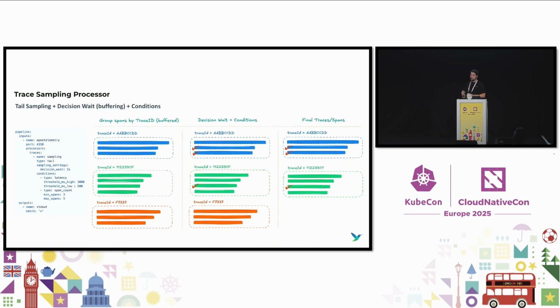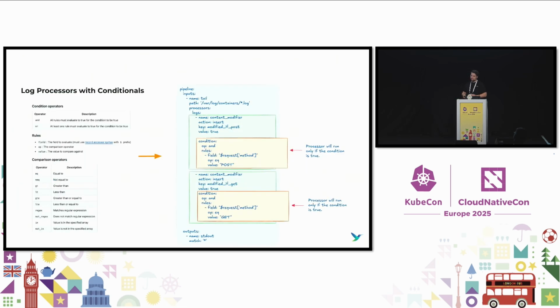And you can even do tail sampling. It waits for all spans and checks all of them. If they meet the conditions, it passes. If not, it drops. Let's say you have logs. You can apply conditional filters.